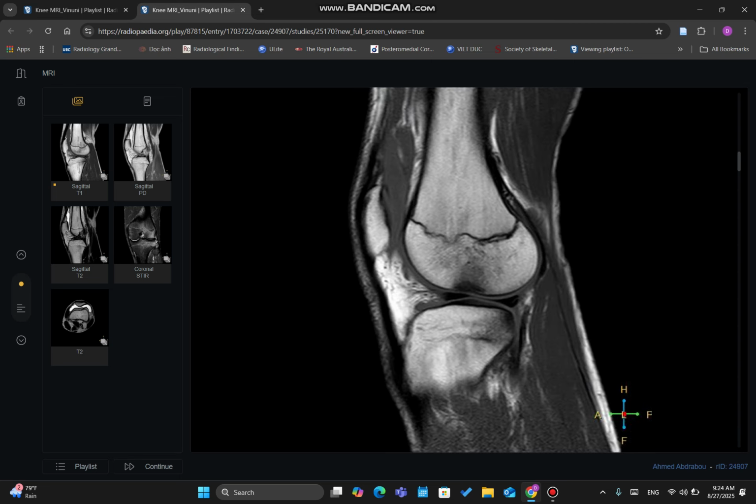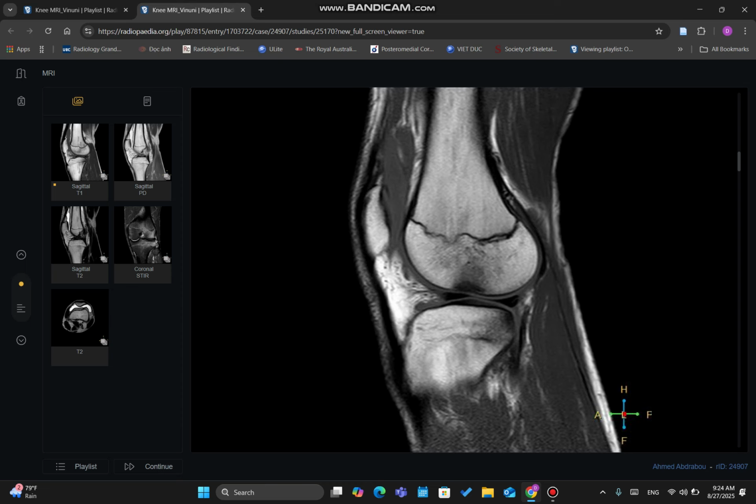In this case, besides the ACL findings, there is protrusion of the posterior aspect of the tibia more than 7 mm compared with the posterior aspect of the femur.